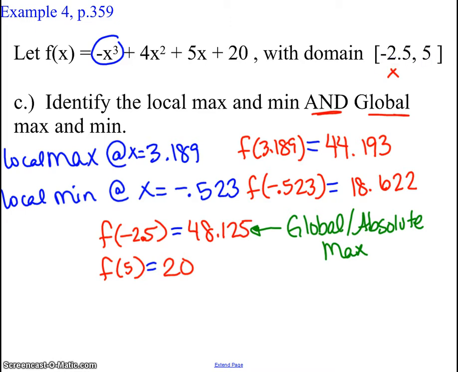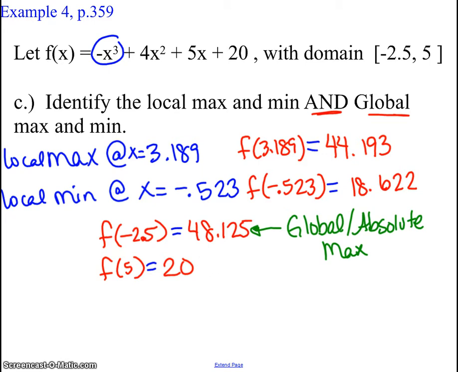And you're only doing this because they give you an interval. If they didn't give you an interval, it would go from negative infinity to infinity, and the graph would not have an absolute max or min because it would go on forever. But because they do this, you have to check the endpoints. I'll show you what the graph could possibly look like.